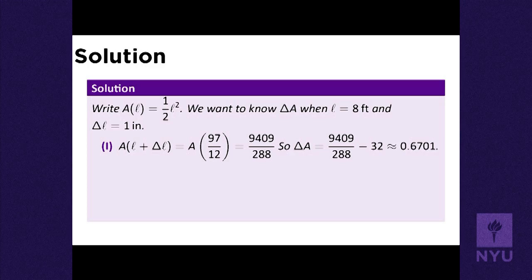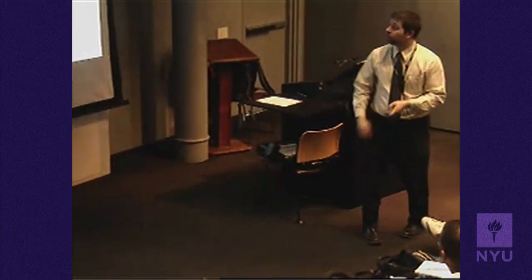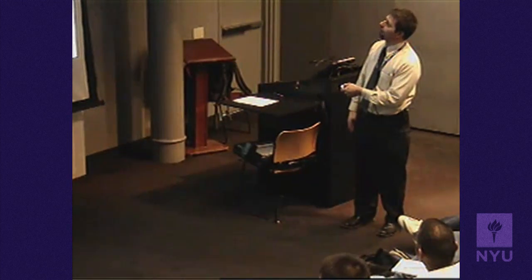So delta A is A of L plus delta L minus A of L. That is this fraction minus 32 square feet. And what I get is 0.6701 square feet. So by actually doing the algebra, we get this estimate for how bad the area can be: 67 hundredths of a square foot off.